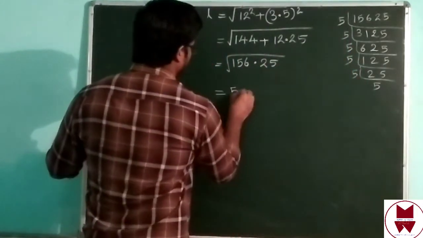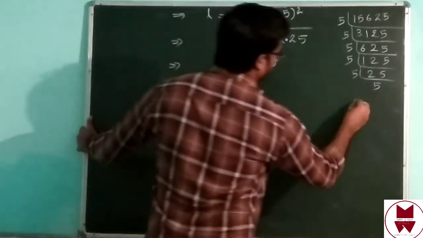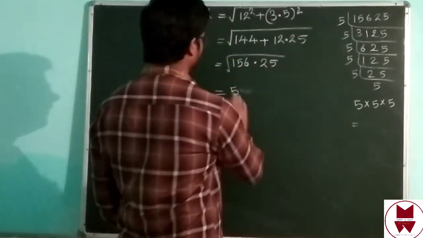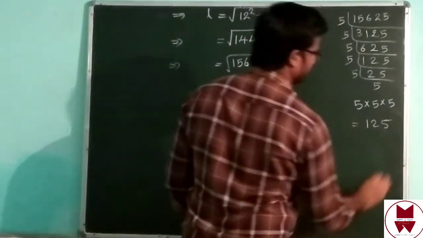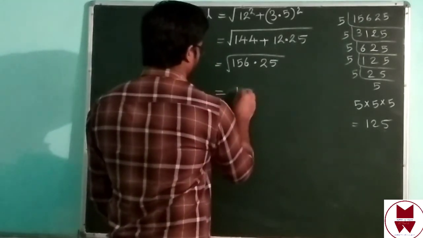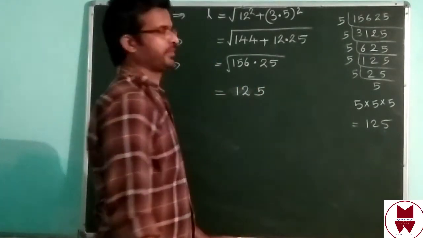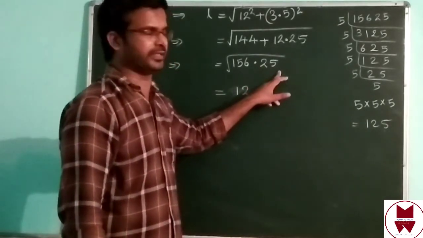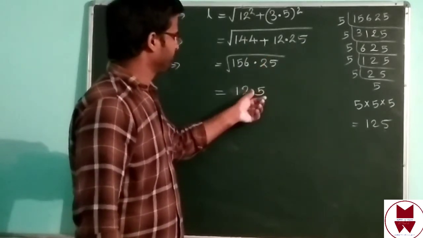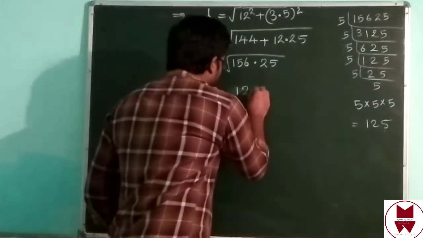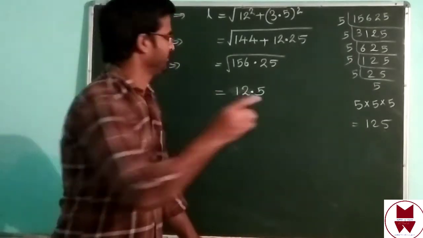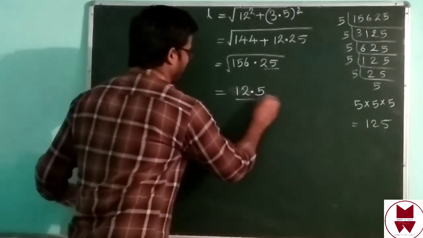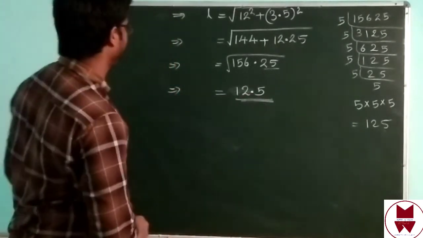Then write only 3. 5 into 5 into 5 equals 125. Then inside the square root, how many numbers are after the point? 2 numbers are there, isn't it? That means when you take square root, after point put only one number, because 2 means half of the 2. That means only one number. We got answer 12.5. That is slant height.